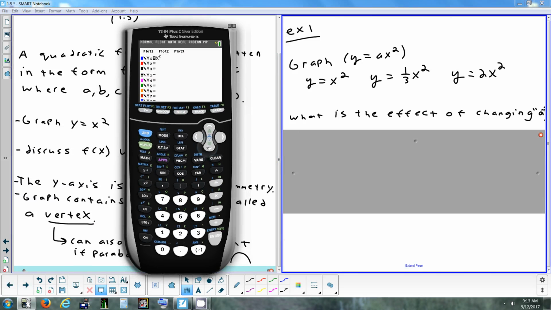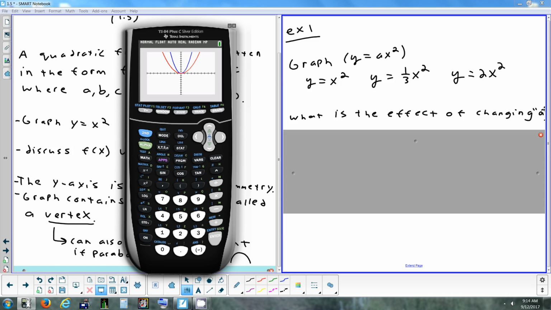So I'm going to graph x squared. Then I'm going to graph 1/3 x squared. Let's just start with that. The graph in blue, that's my original. And by putting a 1/3 in front, what did it do? The curve expanded out.